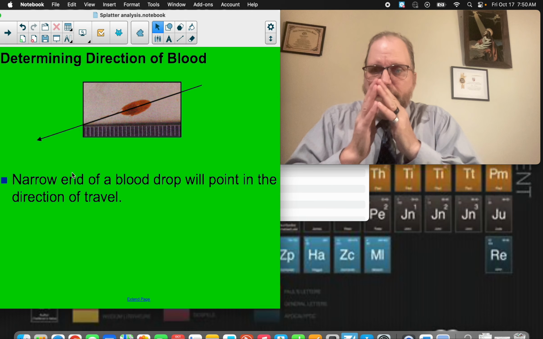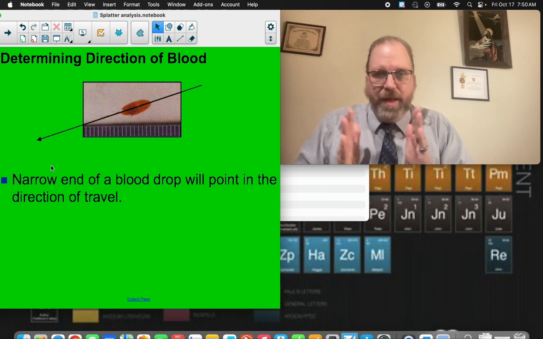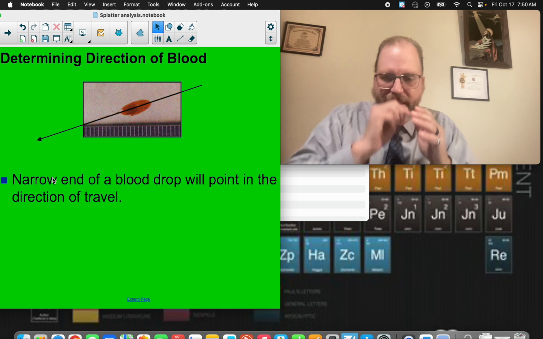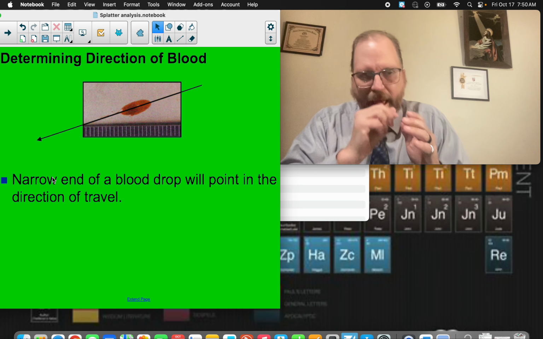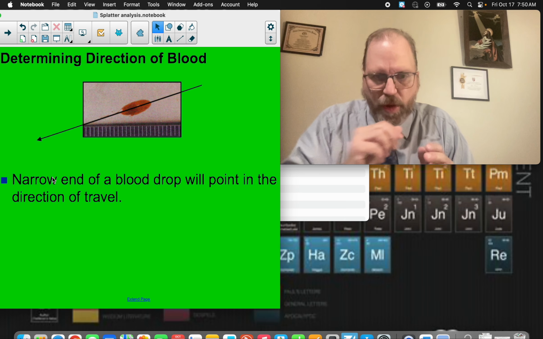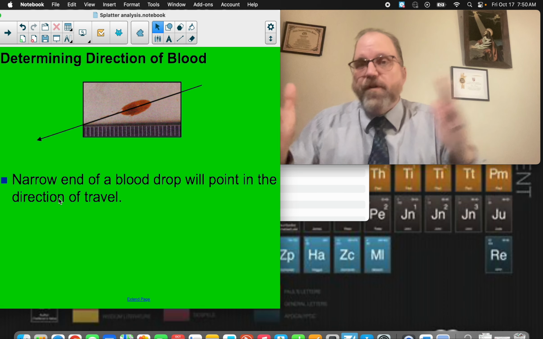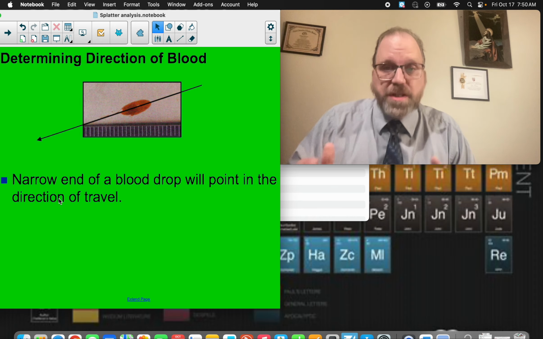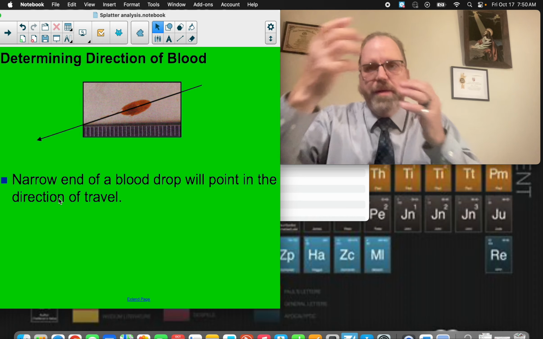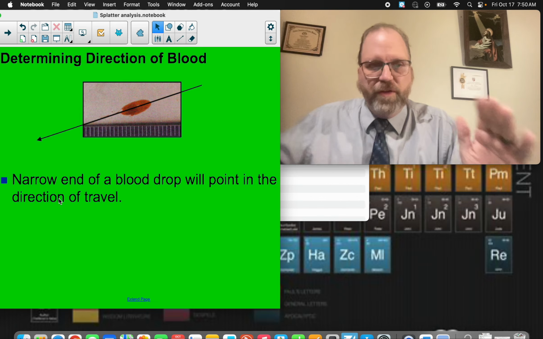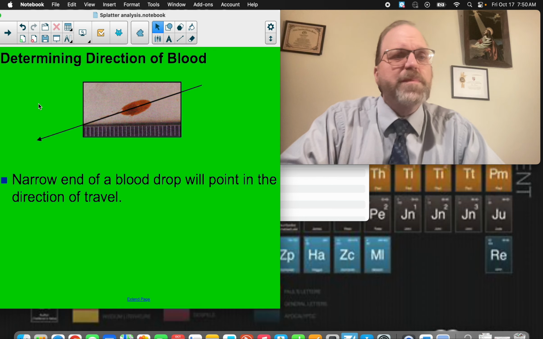A directional blood stain will end up being pointed as the person's running, it hits and then gets elongated. And the point of it will show the direction that the person's traveling. If you've ever hunted, you know this, because as you hunt, the blood cuts in there, and if the animal's running, you can follow the direction by which way it's pointing.